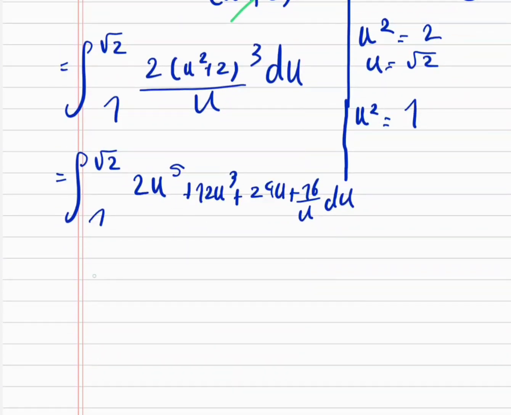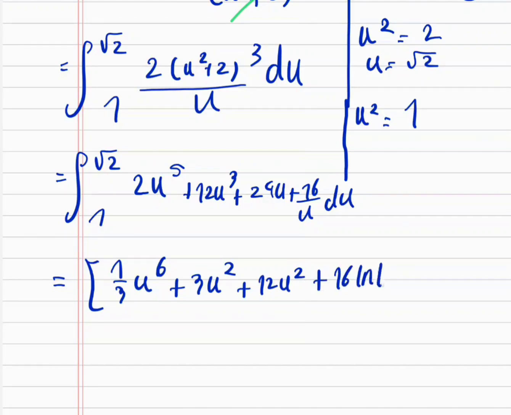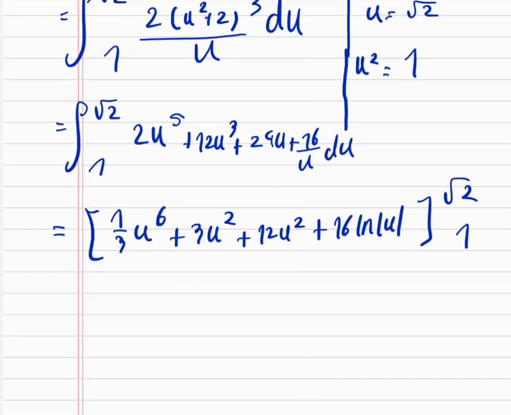Now we integrate each of these. So first we have 1 over 3 u to the power of 6, then 3u to the power of 4, and 12u squared. Then 16 ln u, because it's 16 over u, so u has a power of 1.